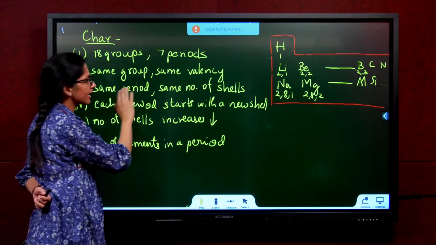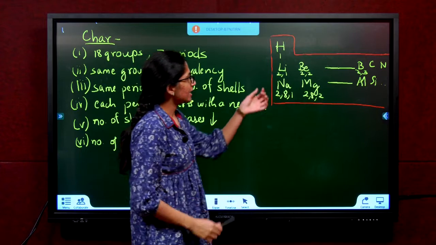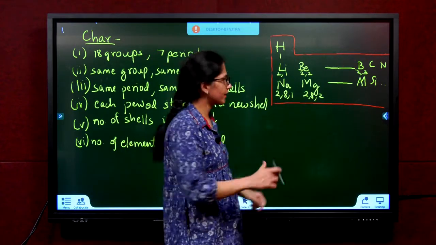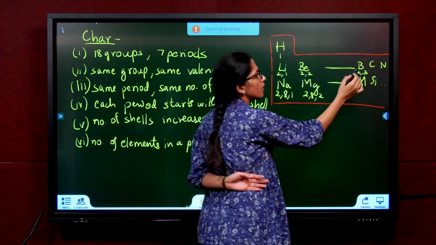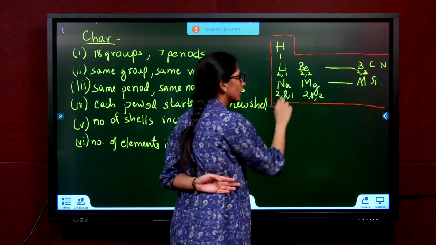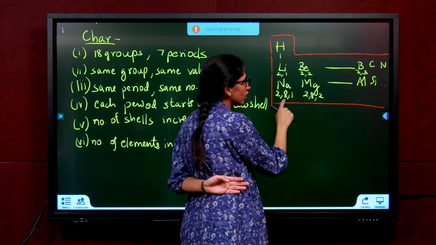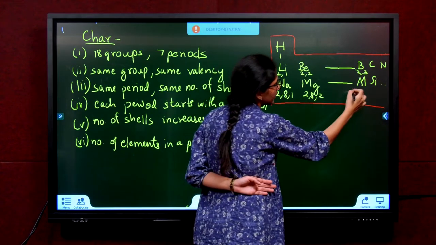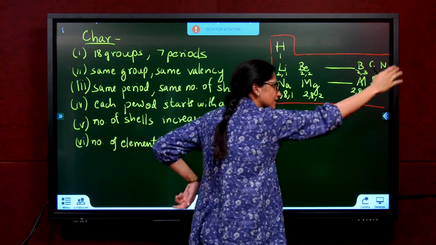Next point. Same period, same number of shells. That means what? Same period. In this period, see here, lithium 2, 1, beryllium 2, 2, boron 2, 3. Observe, 2 shells, 2 shells, 2 shells. Sodium 2, 8, 1, magnesium 2, 8, 2, aluminium 2, 8, 3, 3 shells, 3 shells, 3 shells and so on.